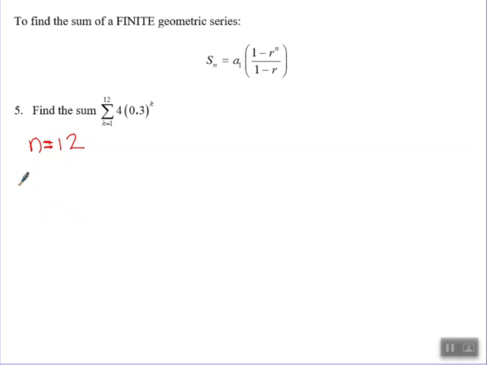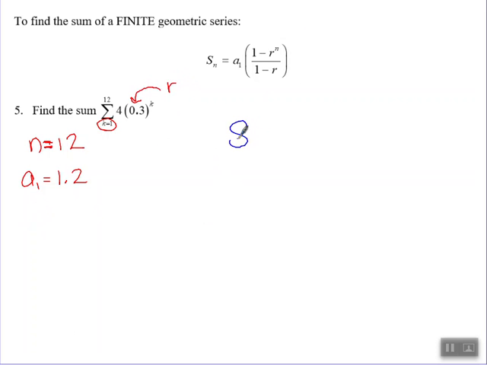We need to know our first term. So if we take 1 and plug it in for k, we have 4 times 0.3, which gives us 1.2. And this number that is the base of the exponential is going to be r. Then we can just plug this into the formula.